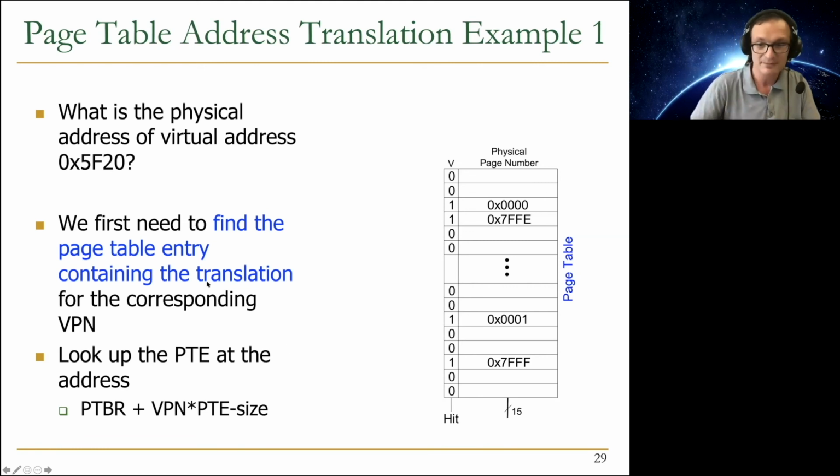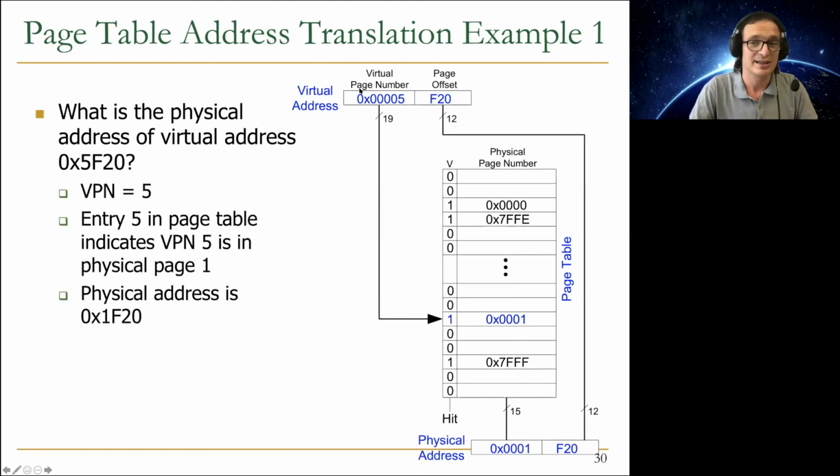So in this case, the virtual address looks like this, 5F20. So the bottom 12 bits are the page offset. The top 19 bits correspond to virtual page number 5. So we need to index virtual page number 5, get entry 5 in the page table. And if you look at entry 5, you do the memory access at the page table base register plus 5 times the size of a PTE, page table entry.